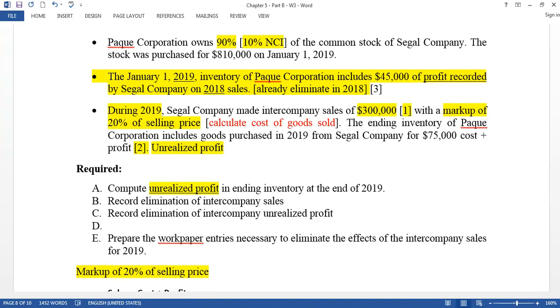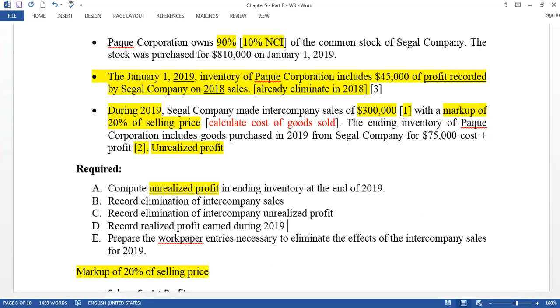Then, according to this question, record the earned profit, realized profit earned during 2019.